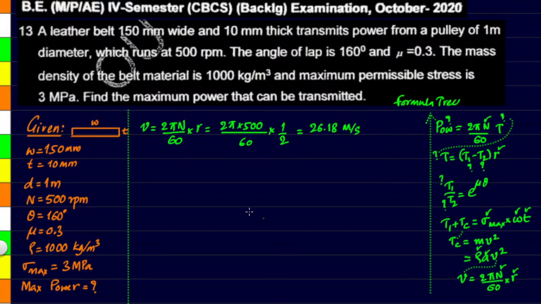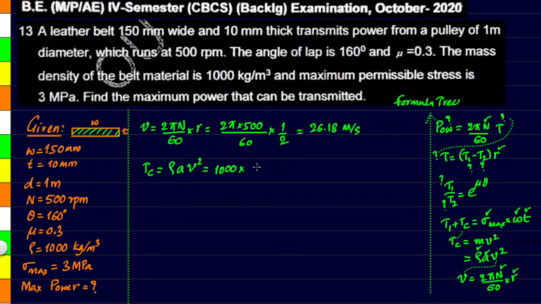Now using the velocity, we need to find the centrifugal tension. That is rho a v square. Okay, actually it's m v square. M is nothing but rho into area of cross section. A is this area over here. So we know the value of W and T, which we can substitute and find it. The rho is 1000.